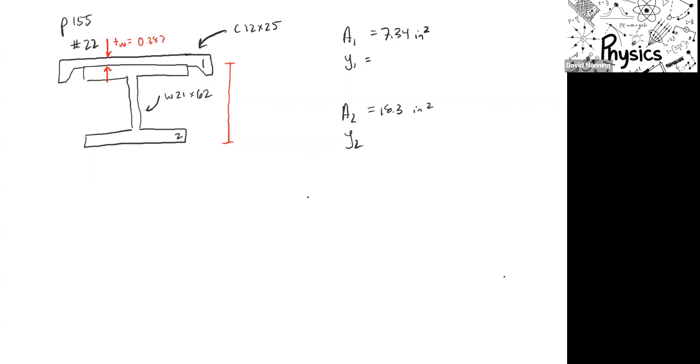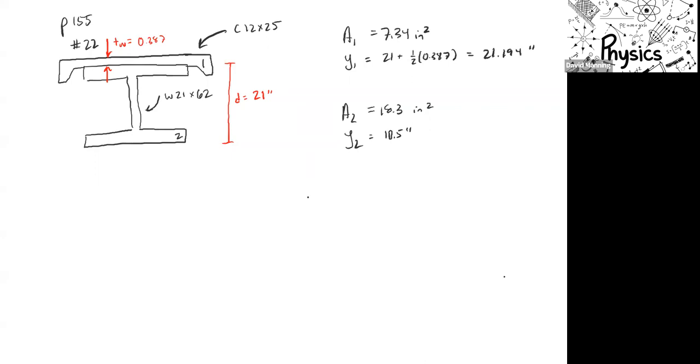And we can see this here. Height is D. So D equals 21 inches. So that means Y2 equals 10.5 inches. And Y1 is going to be 21 plus 1/2 of 0.387. So that would be 21.194 inches.